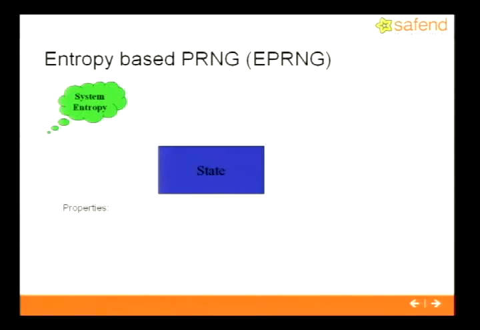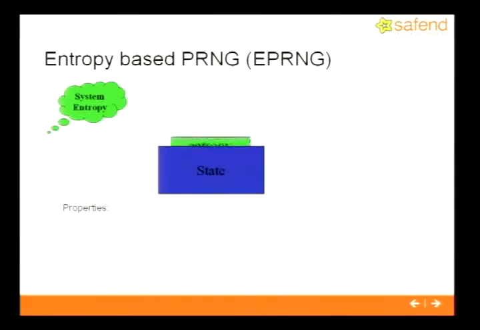And all over my talk, I'm going to use the word entropy, and I mean system noise, hard disk movements, the different interrupts, memory allocations, and so on and so forth. So we have the same PRNG, but we keep feeding it with additional entropy each couple of minutes or seconds, depending of course on the level of entropy that we can gain.